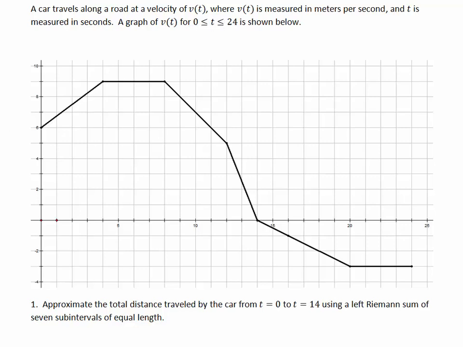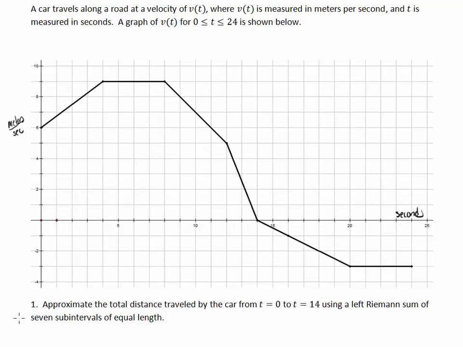The y-axis is our meters per second, so I'm going to write that over here so you can remember. And the x-axis, or I should say the t-axis, the horizontal axis, is measured in seconds.